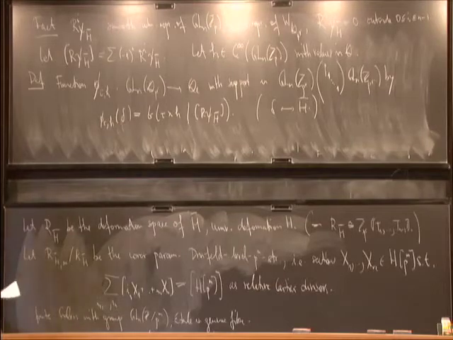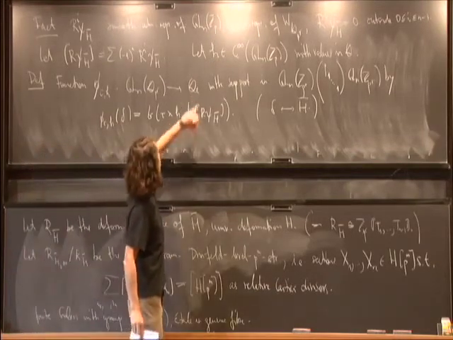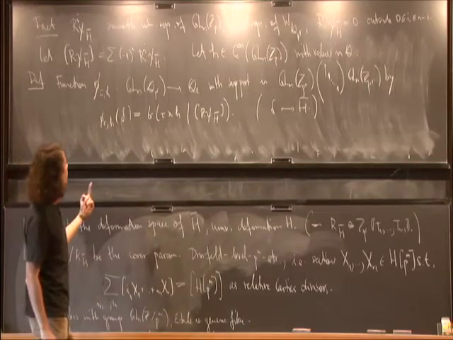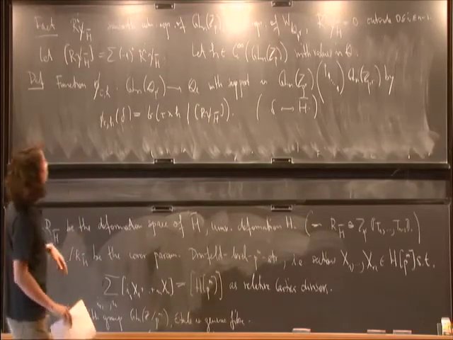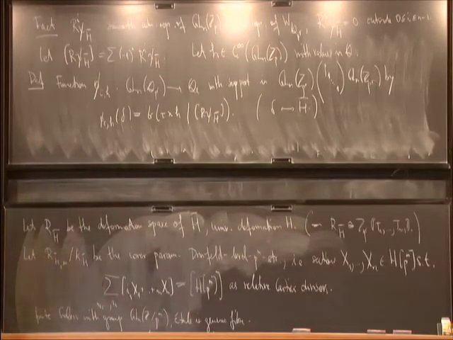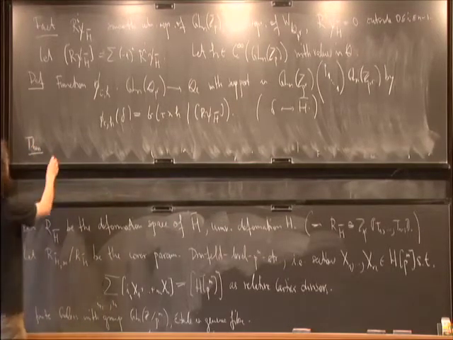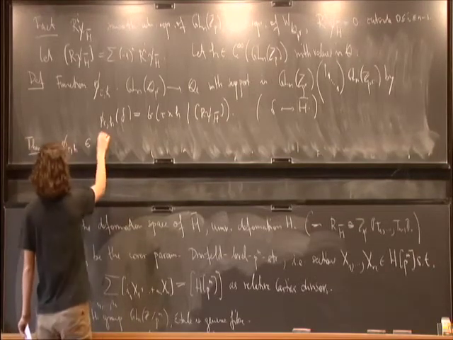Now, a priori, this is a pretty weird function because first, it only takes values in Q_l, not in Q or something. Second, it is not at all clear how it depends on delta. And, well, that's about it. But one can show that, in fact, this function is locally constant and takes values in Q independent of l.